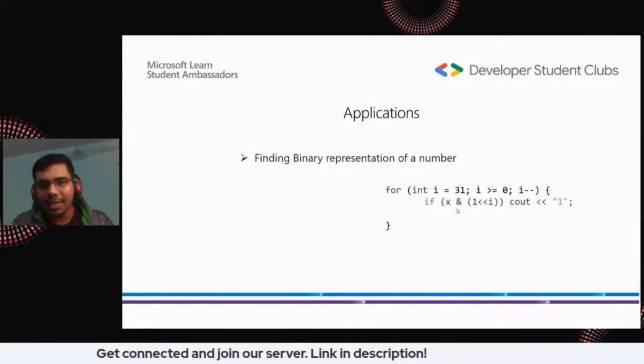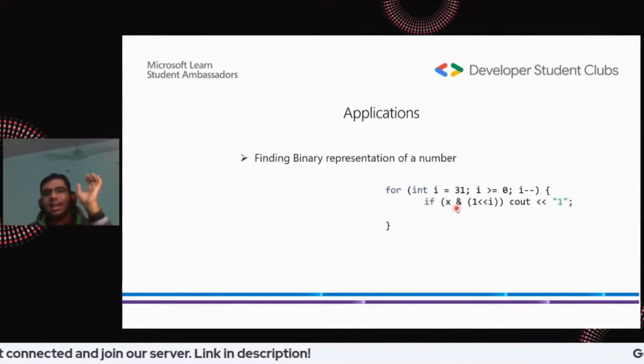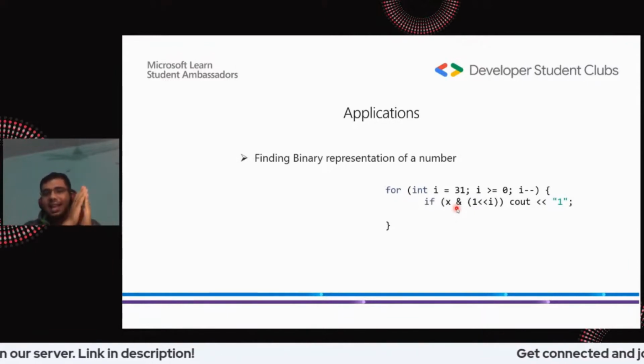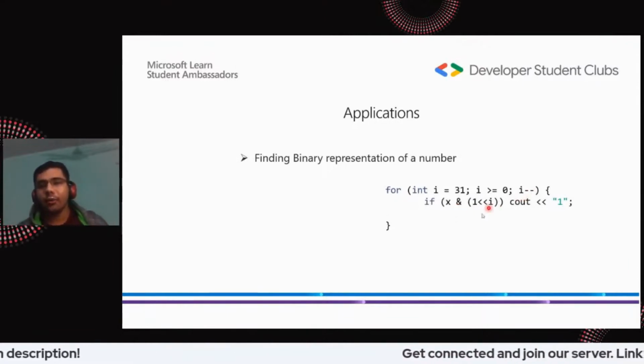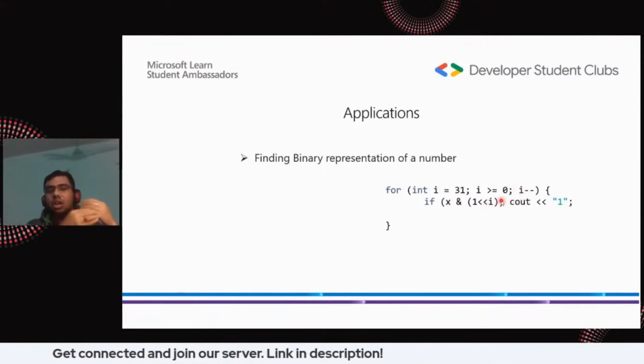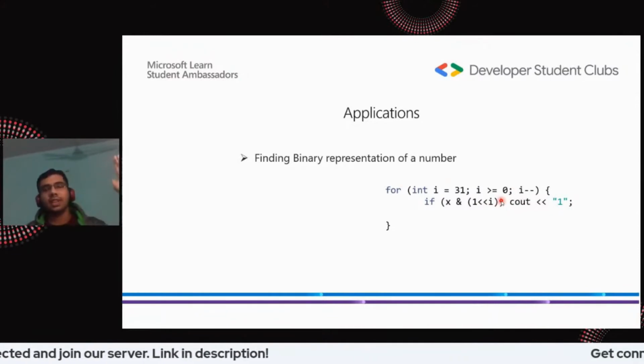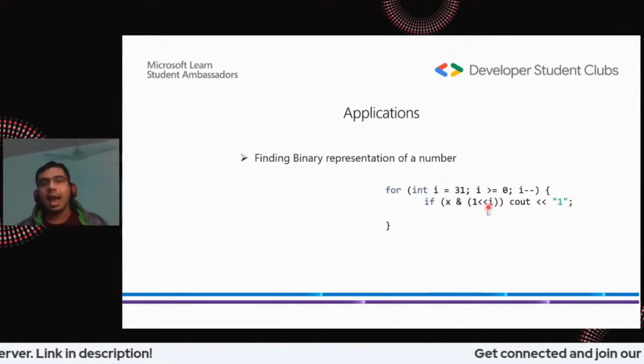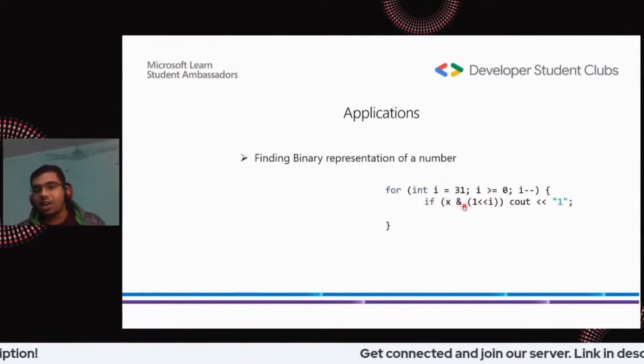Now inside that, we check if x AND 1 left shift i. What this statement does is that 1 left shift i changes the kth position in each loop iteration from 31 till 0, and we are doing an AND operation.